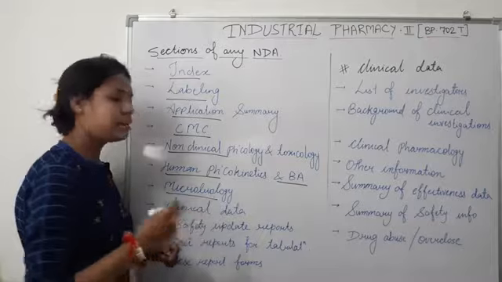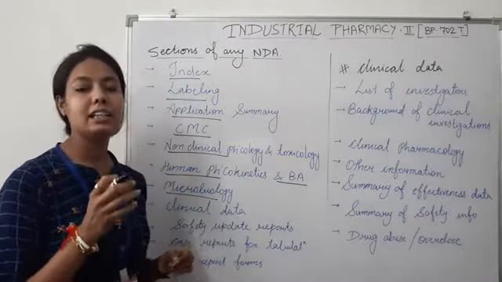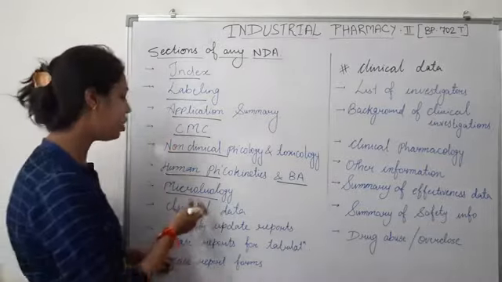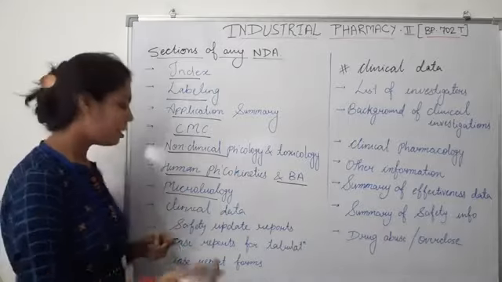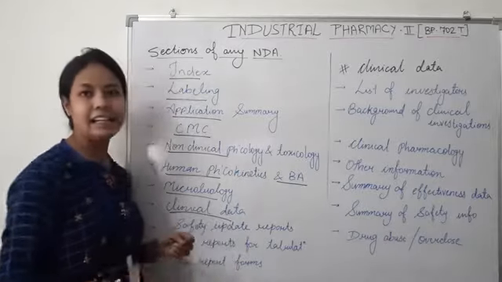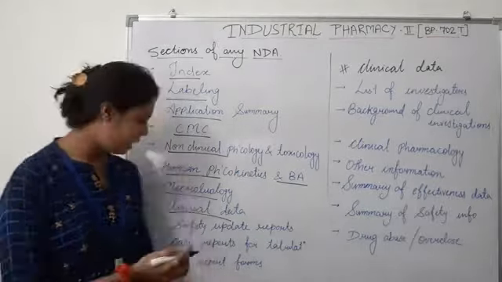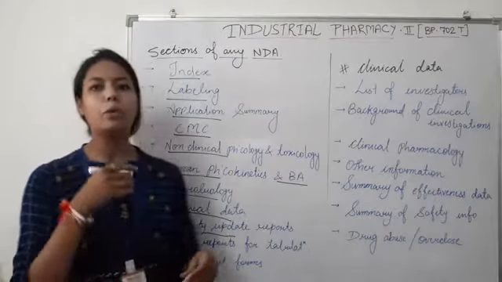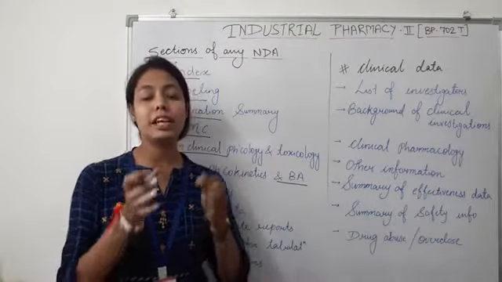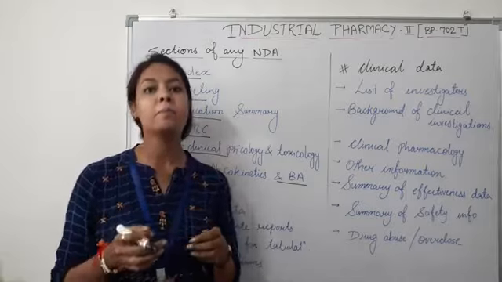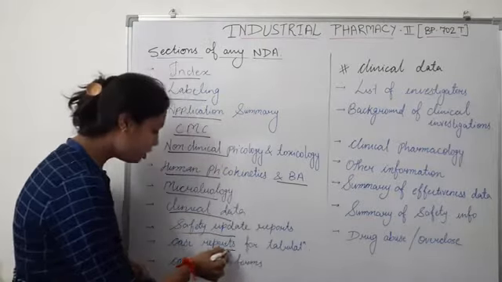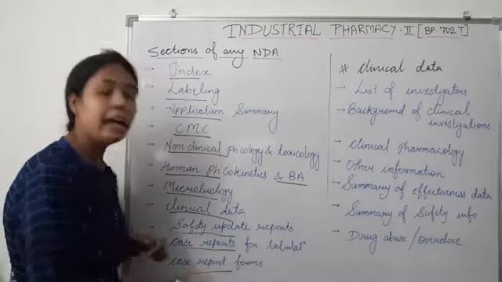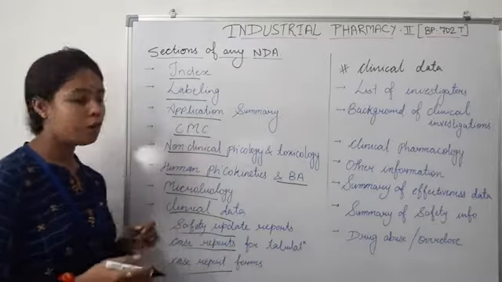After that, in case of antibiotics, there is another segment that is called microbiology. Further on, that is clinical data. After clinical data, there are safety update reports. After safety update reports, there is statistical data. After that, case report tabulations and individual case report forms.